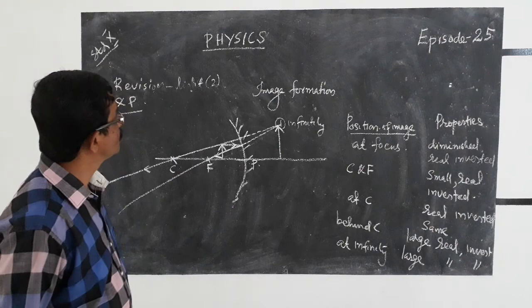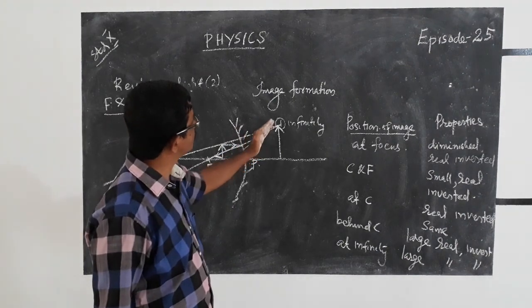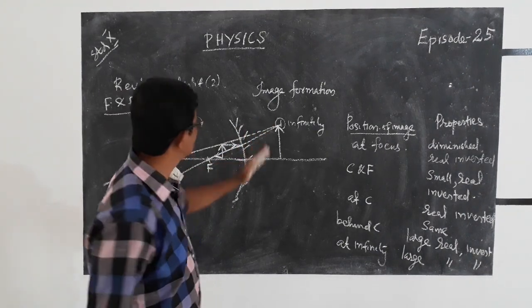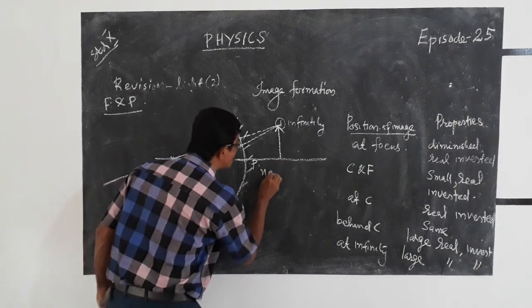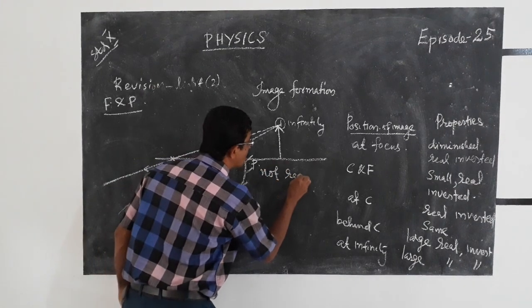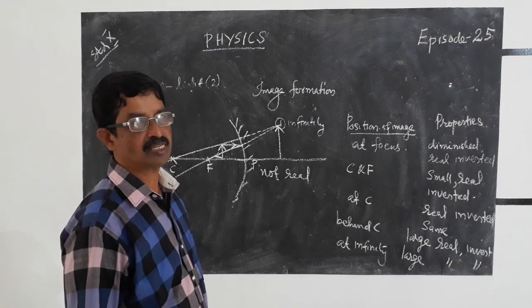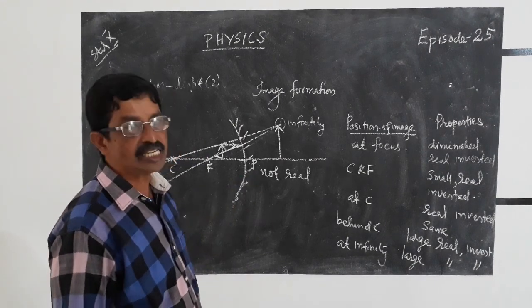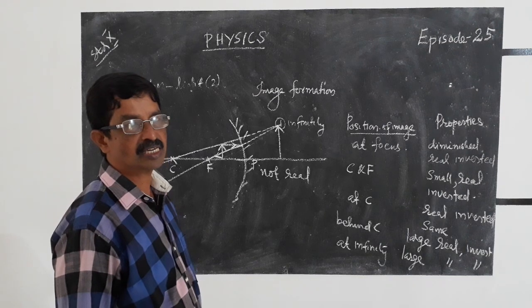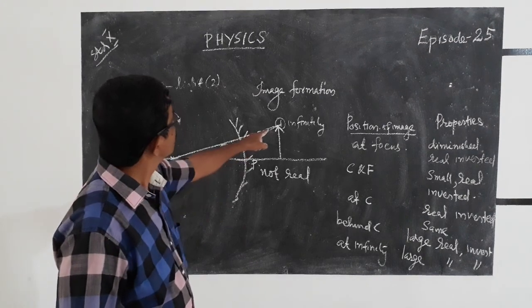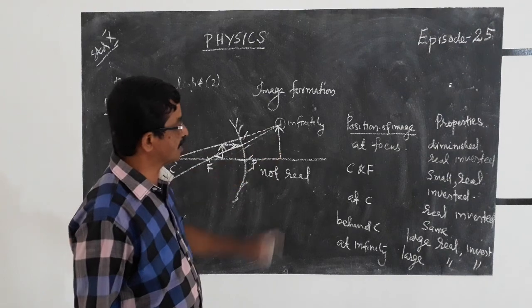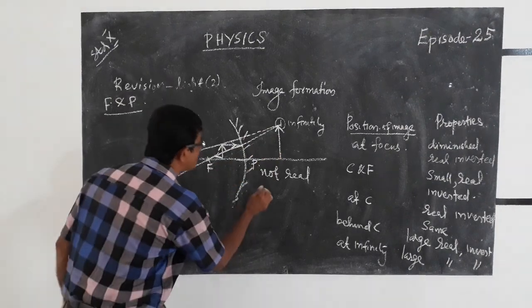So the image formed here is not real. Otherwise it is called a virtual image. What kind of image? It is a virtual image. Now, is it inverted or erect? It is an erect image.